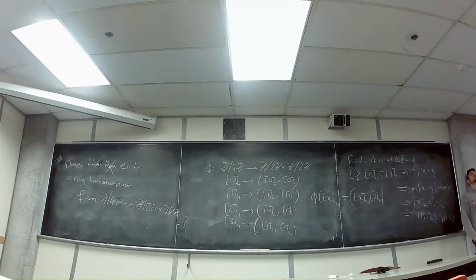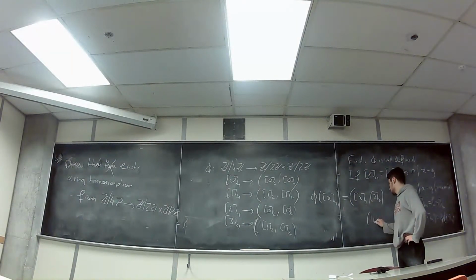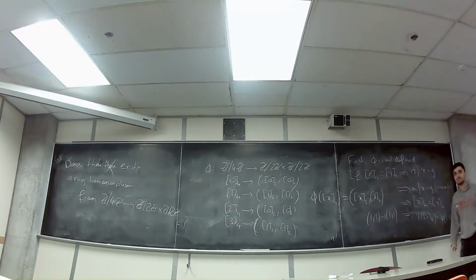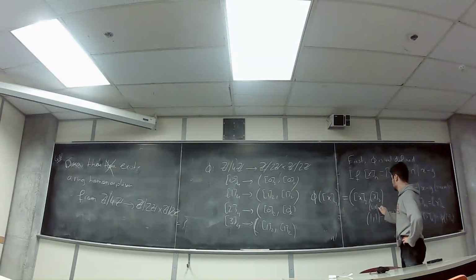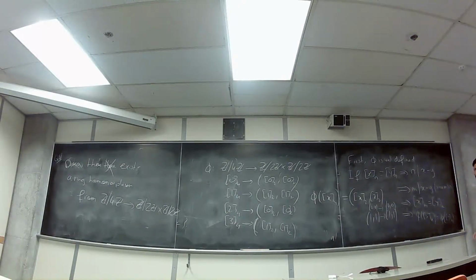Z mod 4Z cross Z mod 4Z to Z mod 2Z cross Z mod 2Z. So what you have to do is map 1, 1 to 1, 1, and map 0, 0 to 0, 0. Can you do (a, b) maps to (a mod 2, b mod 2)?